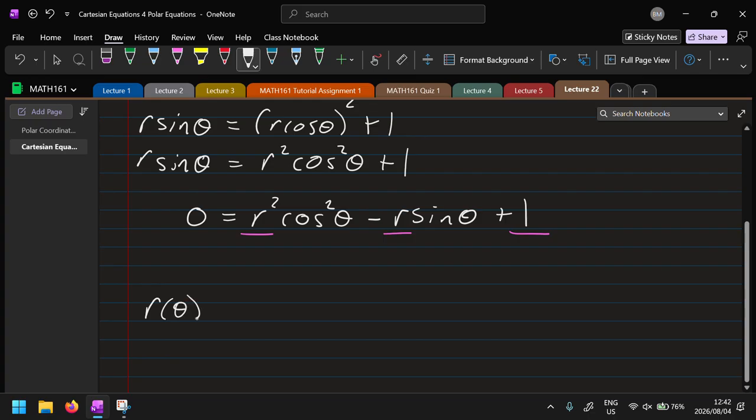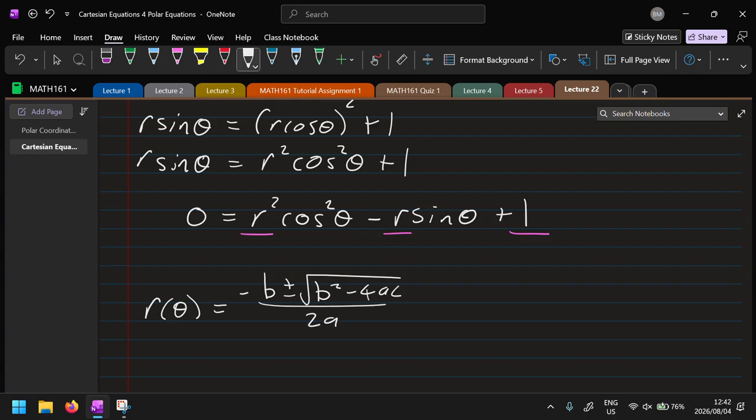So r as a function of theta, instead of y as a function of x, is equal to minus b plus or minus root b squared minus 4ac over 2a. Just the quadratic formula. And we have there a, b, and c, so we can substitute.